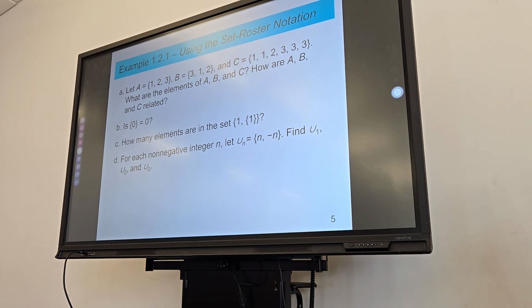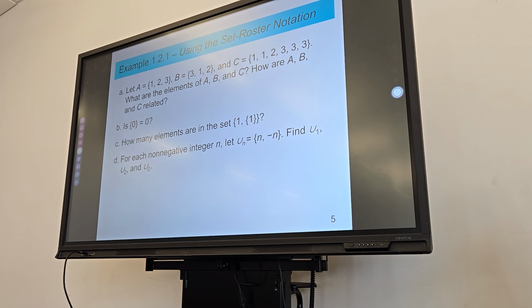Okay, for each non-negative integer n, let U sub n equal n, comma, minus n. What is U sub 1? The set of 1 and minus 1. Okay? U sub 2, 2 and minus 2.